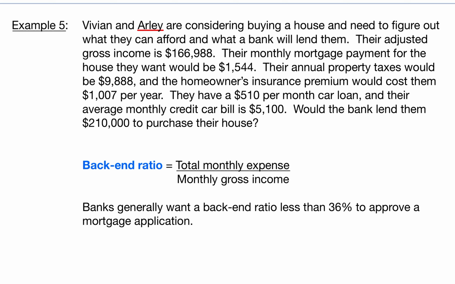The insurance premium is going to be $1,007 per year. Okay, now this is where the difference comes into play. They also have a $510 per month car loan, and their average monthly credit card bill is $5,100. Okay, so then the question is, would the bank lend them $210,000 to purchase their house?